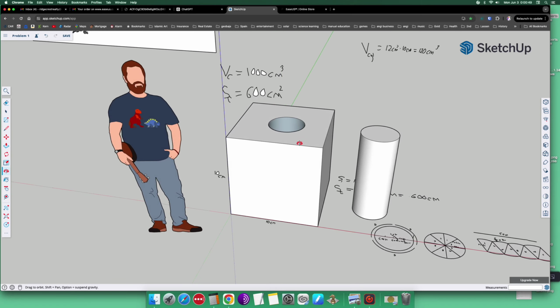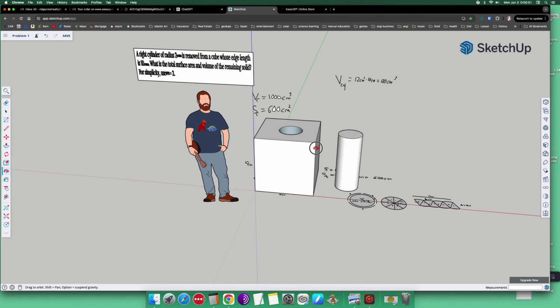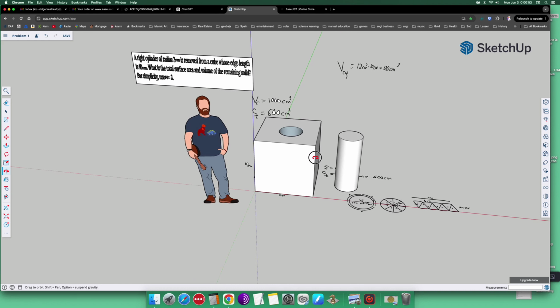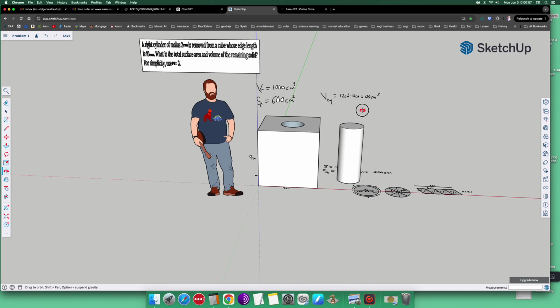Okay, now the question is, how much volume do we have left? Well, we know the volume of the cylinder was 120, right? So let's see if I can write it up here. Yeah. So the volume of the cylinder is 120. Let me write it up here a little bit differently.